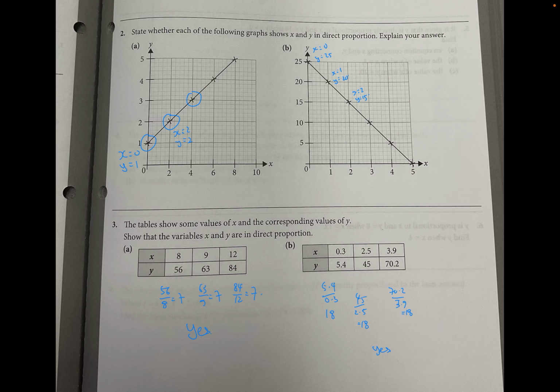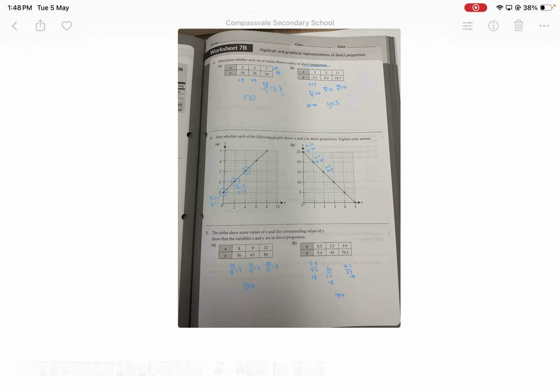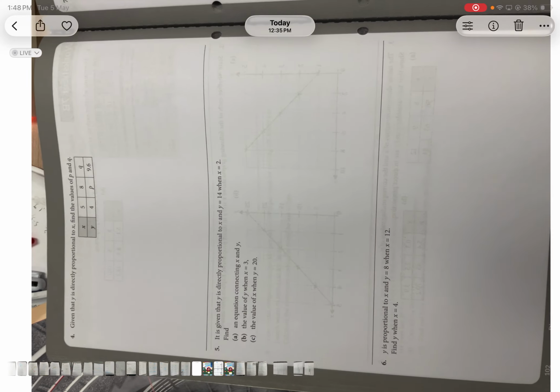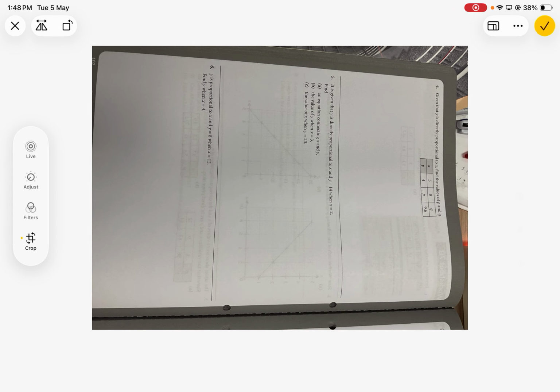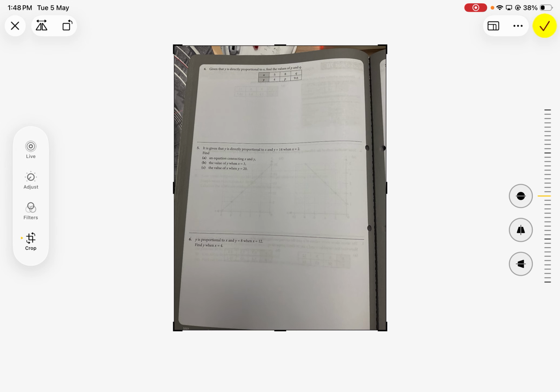Huh? I don't know. Check the answer key behind. No more time liao.